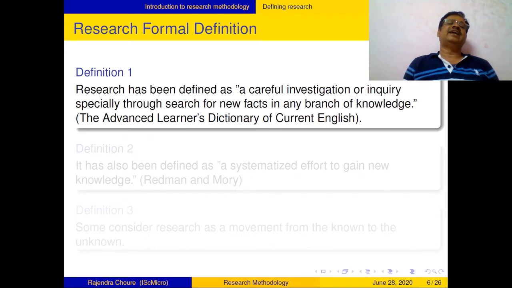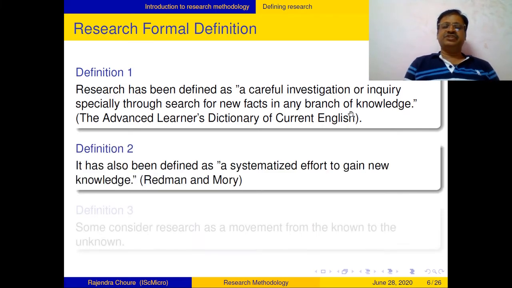Now we are at the formal definition of research. Up to this point, we have understood that research is the addition to existing base of knowledge, which leads to advancement of the knowledge, which leads to development of the knowledge. The first definition is from Advanced Learners Dictionary of Current English, and it says that research is a careful investigation or inquiry, especially through search for new facts in any branch of knowledge.